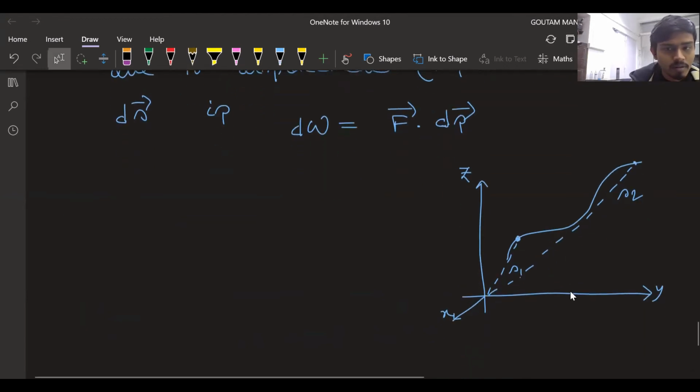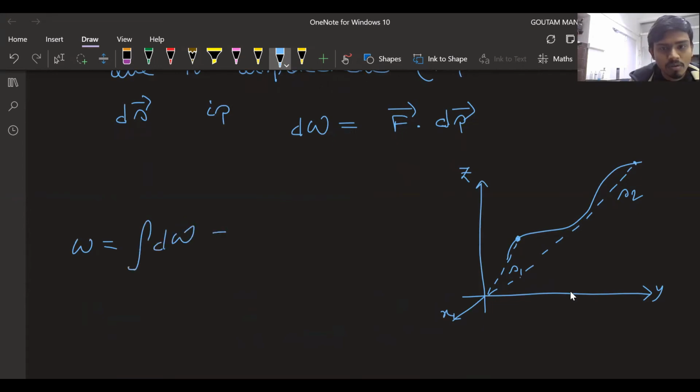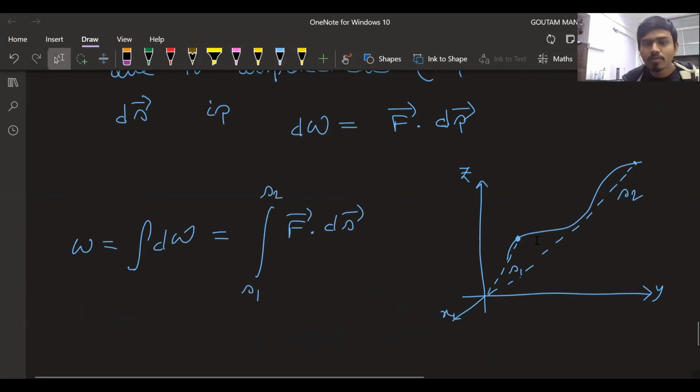Then the net work done in this entire process is the integration of dW, which is the integration of F dot ds from S1 to S2. So for the entire displacement from S1 to S2, the net work done is the integration of F dot ds.